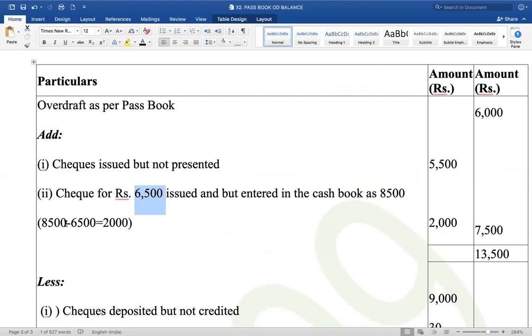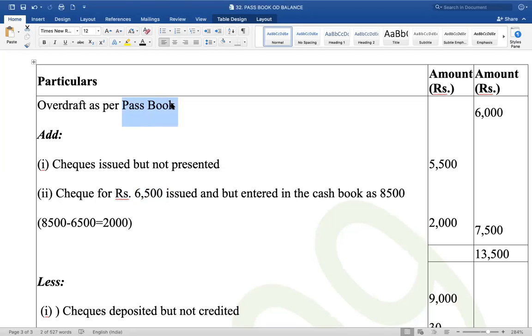As per cash book, your OD is more by 2,000. But as per passbook, the OD is not changed. To reconcile the OD of cash book with the passbook, you have to add to the passbook if you are starting the solution with passbook OD balance.